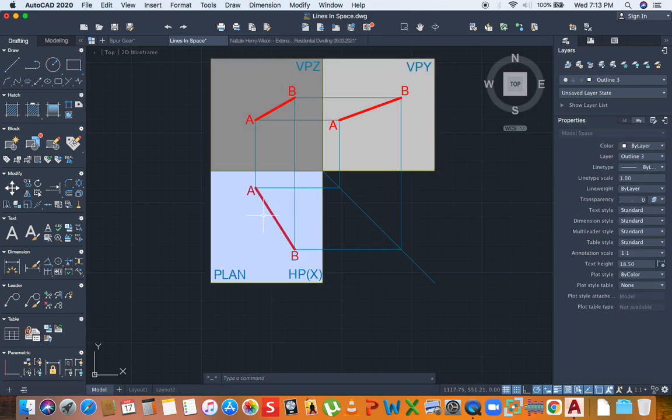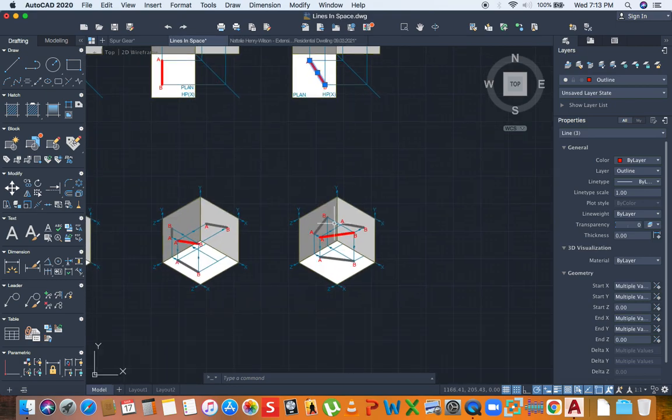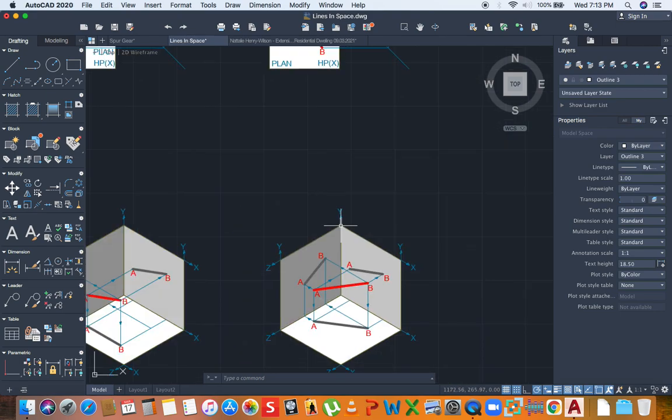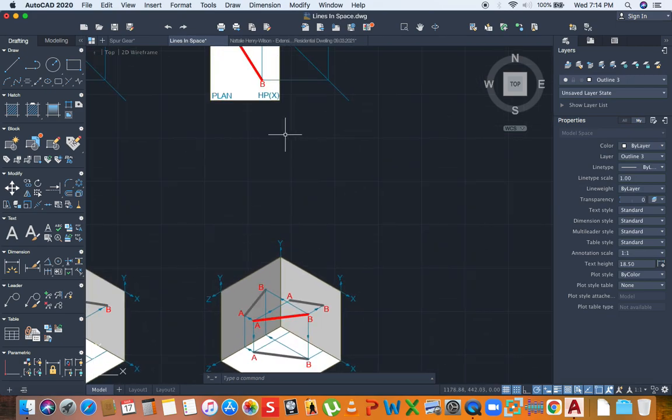In none of these views can you determine the angle that it is sloping to whatever axis. So we don't know the angle that it is sloping to this axis, or this axis, or this axis, because the line is not parallel to any of these planes, vertical or horizontal.